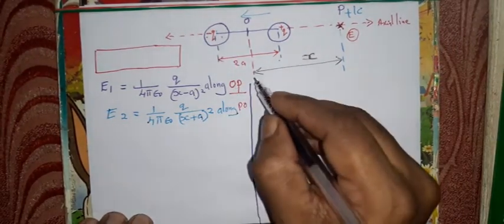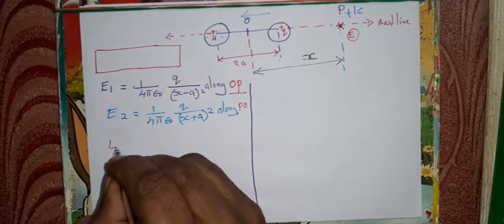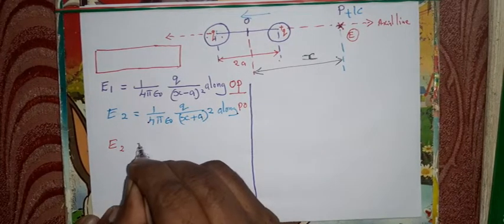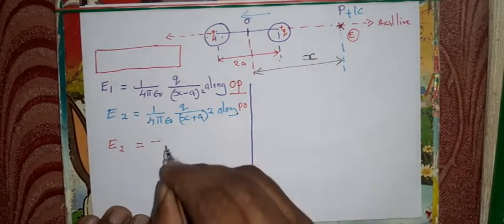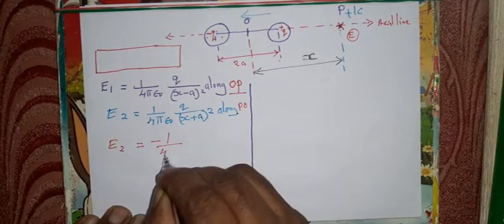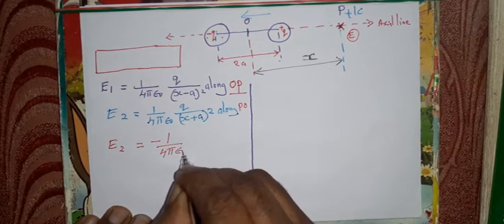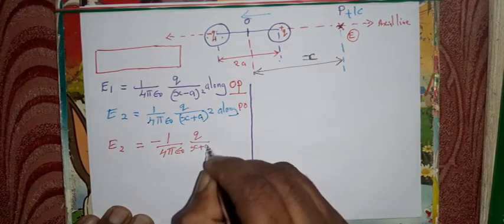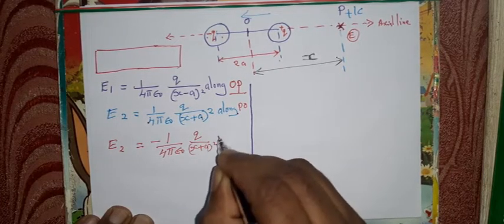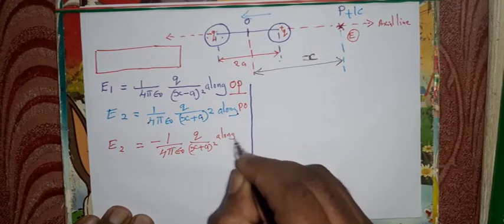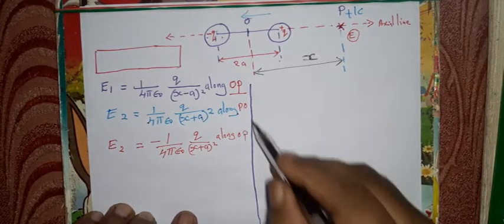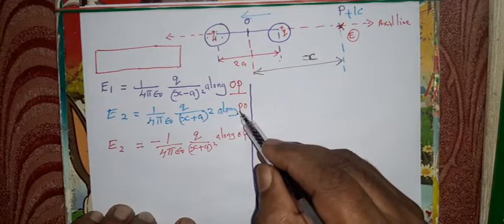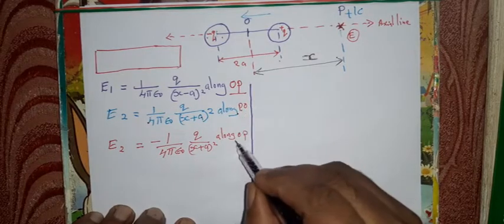To make the addition simple, I am doing a mathematical operation here. E2 is equal to, I am putting a minus sign, minus 1 by 4 pi epsilon 0 into Q by X plus A the whole square along OP. The direction instead of PO, now I have changed it to OP.